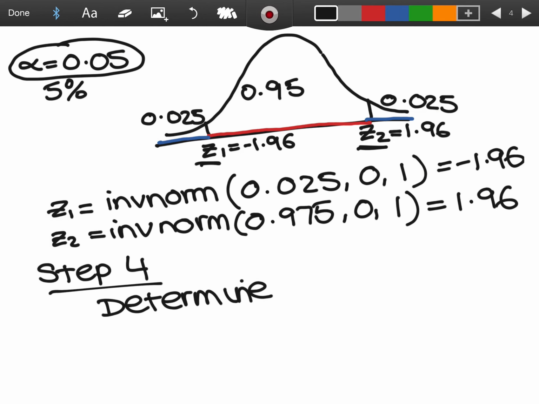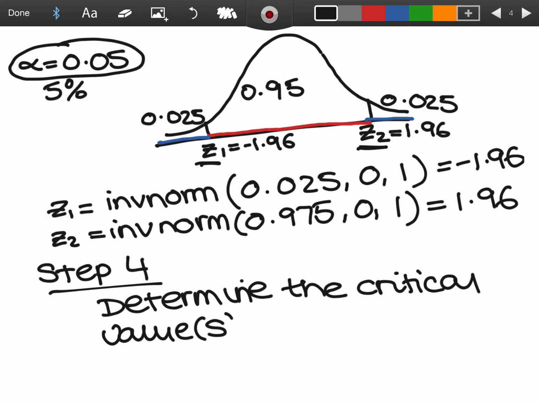So you would just have one critical value. But here, because we've got a two-tailed test, we end up with these two different critical values. So that's what we've done here by finding z1 and z2.